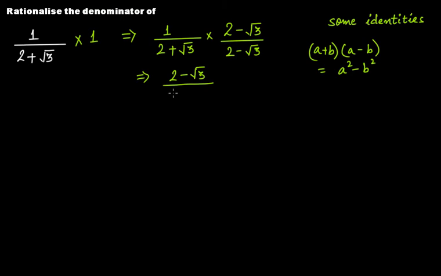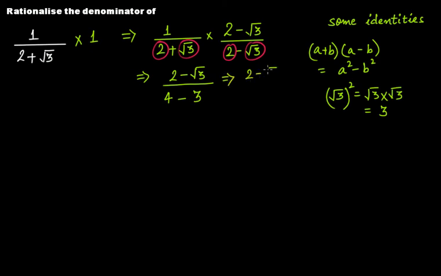So if you take this as a and this as b, 2 squared means 4, minus square root 3 whole squared, which means square root 3 multiplied by square root 3, that is equal to 3. So 4 minus 3, and this becomes 2 minus root 3 divided by 1. So here your 1 is a rational number.